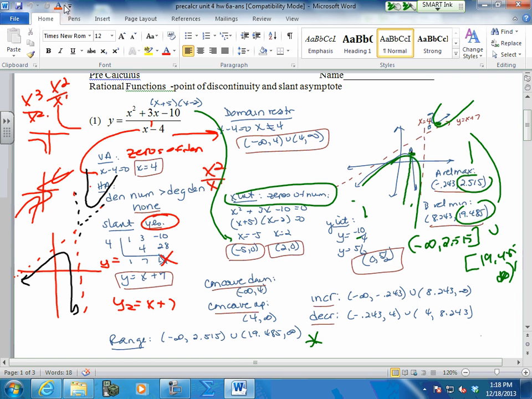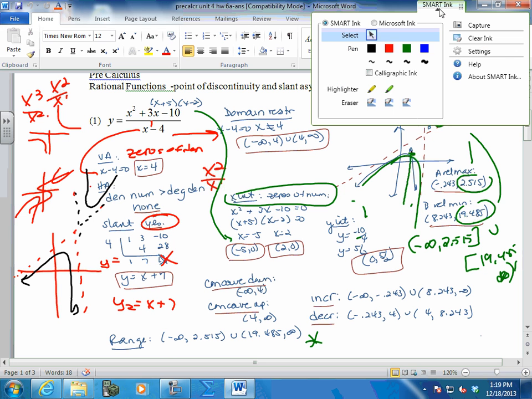Okay? So that's what my range is. It didn't change either, but wait until you get all your other parts down to do your range. So all we added Monday was this slant asymptote. What honestly helps you guys is this sheet. Without the sheet, I even forget which comes next.